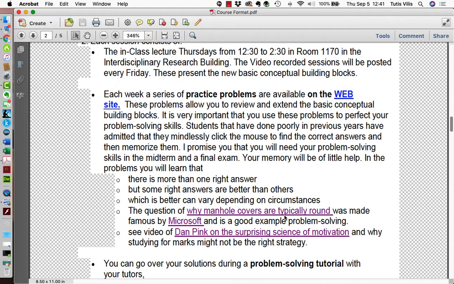Yes? Because then they can't fall into the hole if they're round. Yes, that is the correct answer, or what I think is the best answer. The lids are slightly larger than the hole, so they'll never fall in.